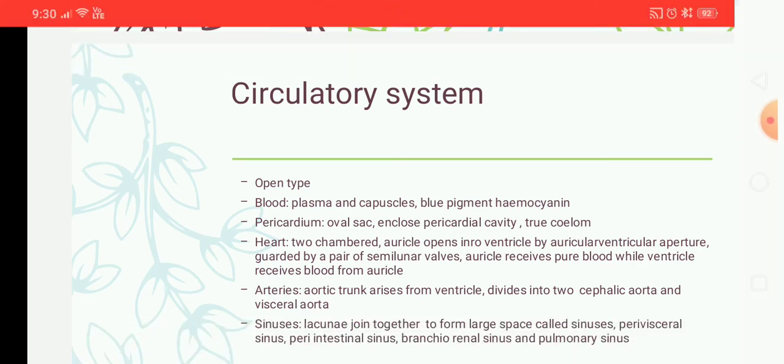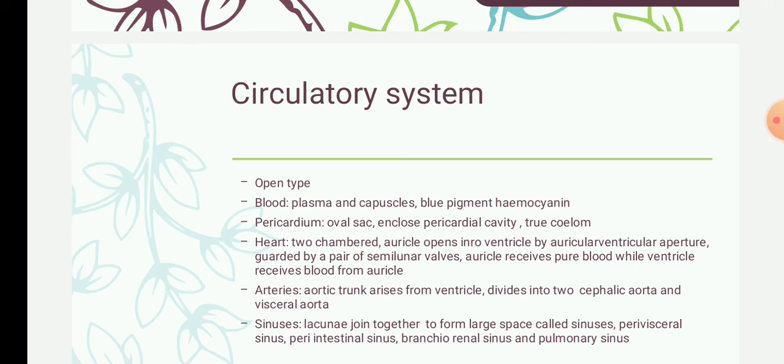The corpuscles are colorless. So blood contains two components, that is plasma and corpuscles. Plasma contains the blue pigment called hemocyanin, and corpuscles are colorless.